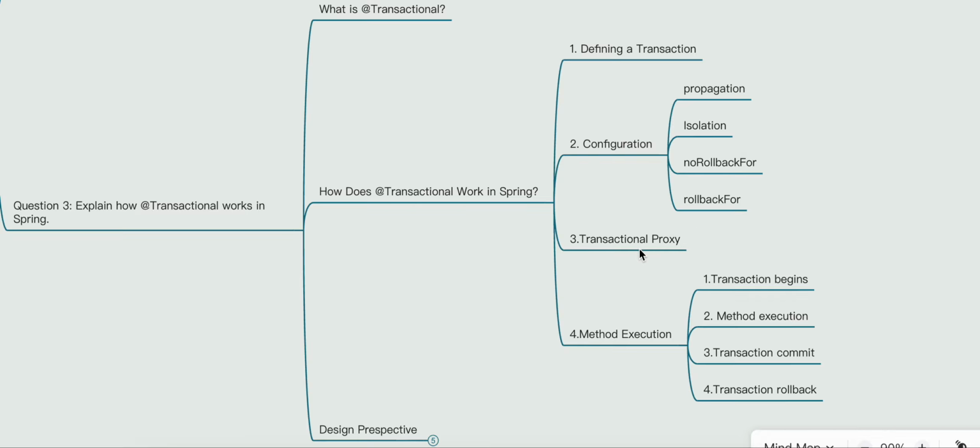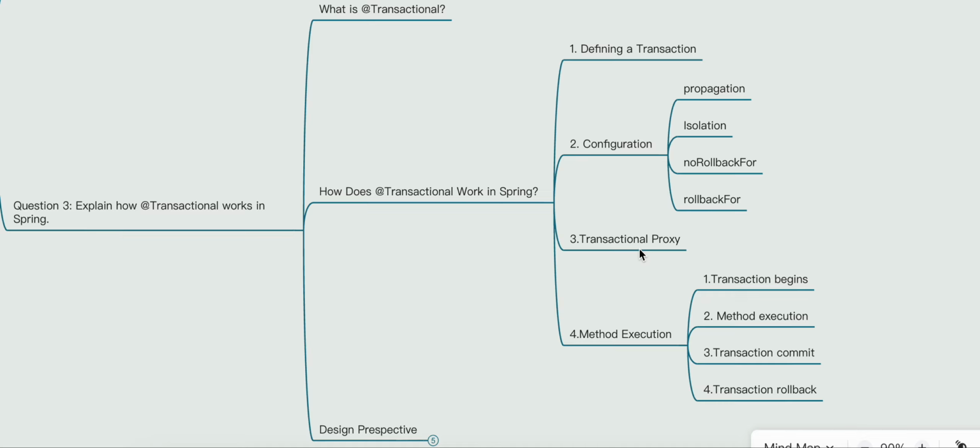And there is a very important mechanism here, the transactional proxy, which Spring uses to manage transactions. When a transactional annotation is applied to a method, Spring creates a proxy for that method.